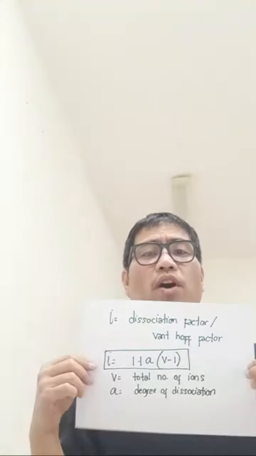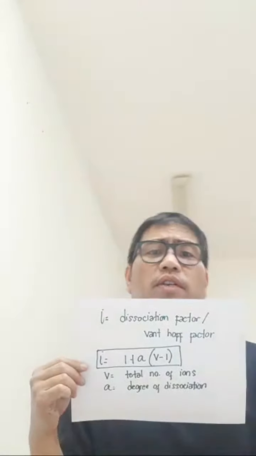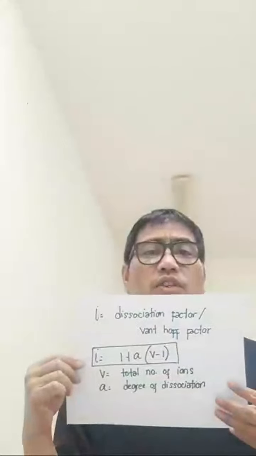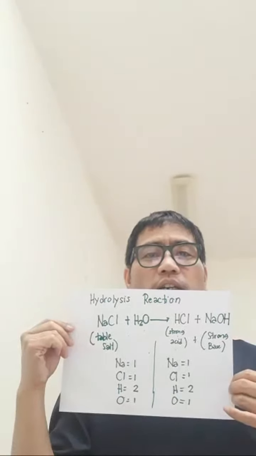So we are dissociating the salts in water. For example, if we dissociate this sodium chloride, it would be dissociation.